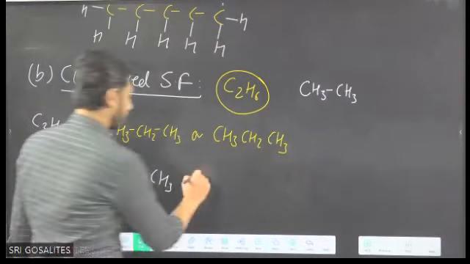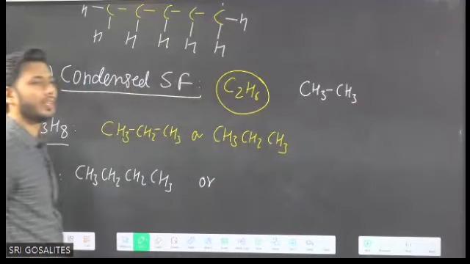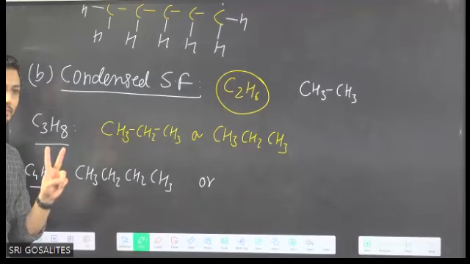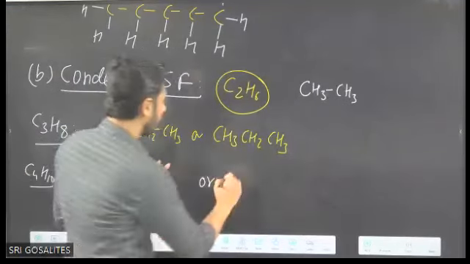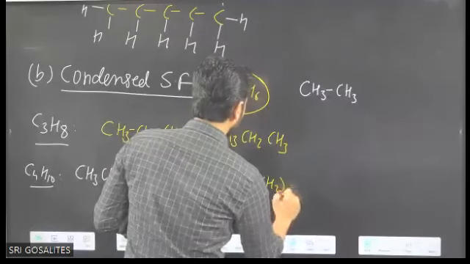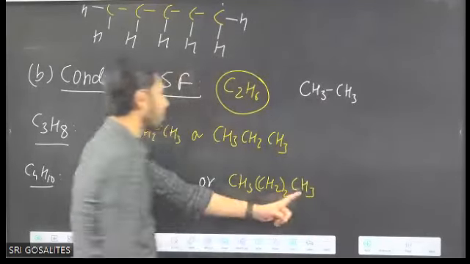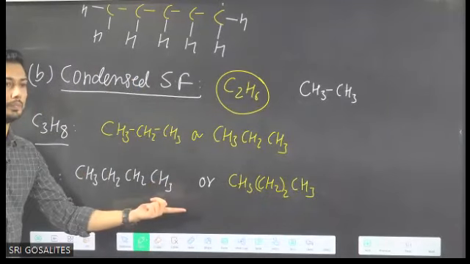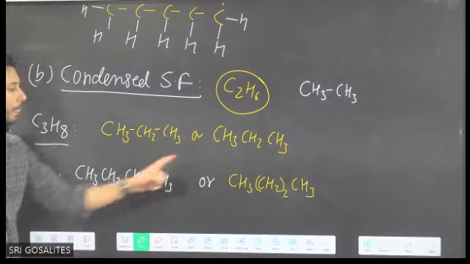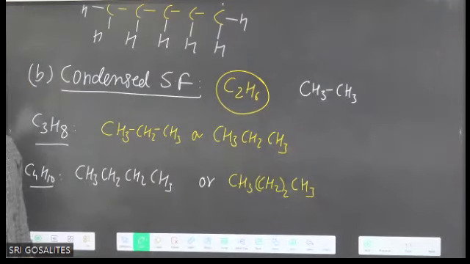Another way: how many times CH2? Twice. So the other way we can write is CH3, CH2 twice, CH3. It also means the same, condensed form. Either this one or this one. Both are correct.